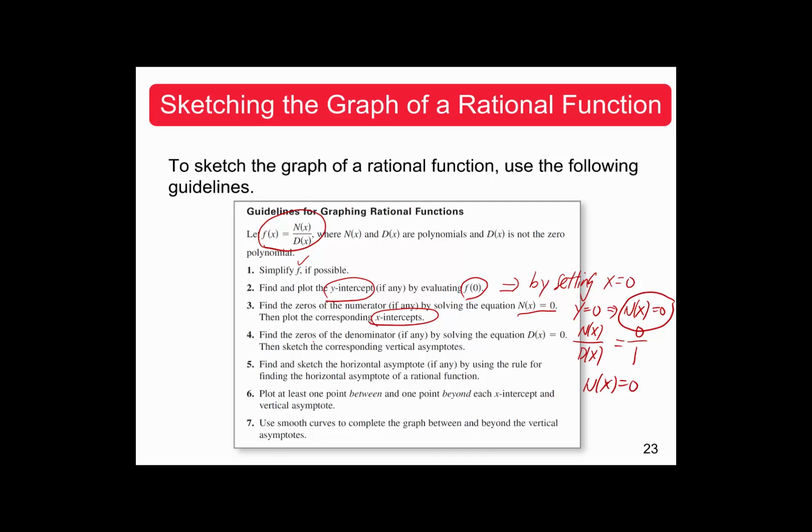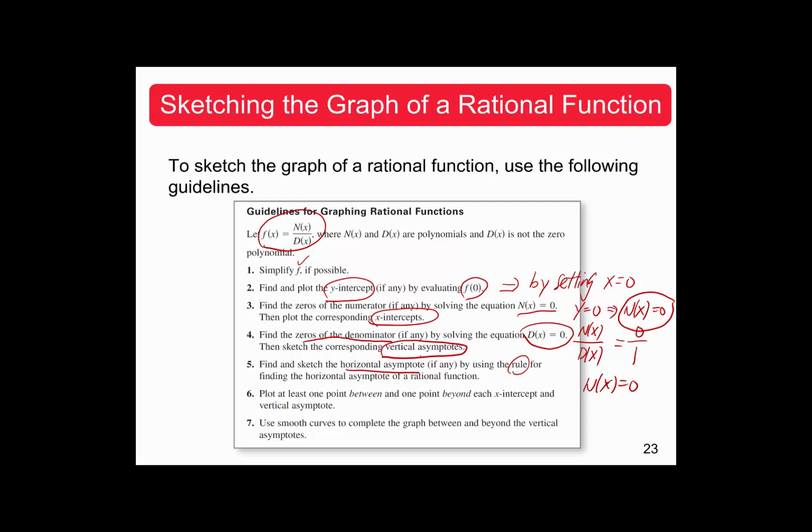Then after that, find the zero of the denominator. That's how we find a vertical asymptote, by setting d of x equal to 0. And then find a horizontal asymptote using the rule we talked about earlier.